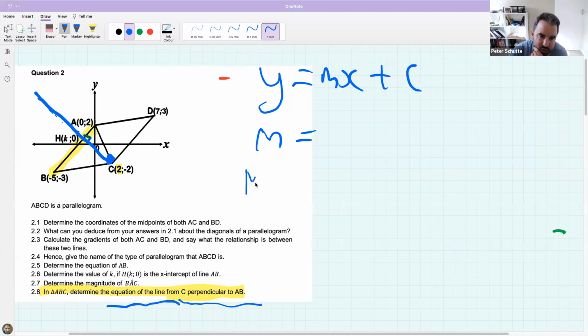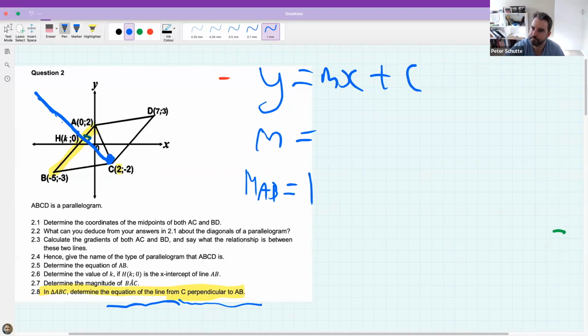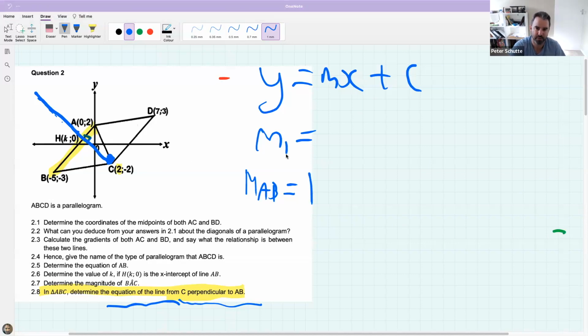Now, I do think earlier on I worked out the gradient of AB, and the gradient of AB was 1. Who has some ideas about how we can find the gradient? We'll call it the gradient of the perpendicular line.